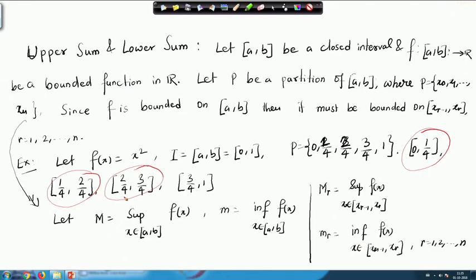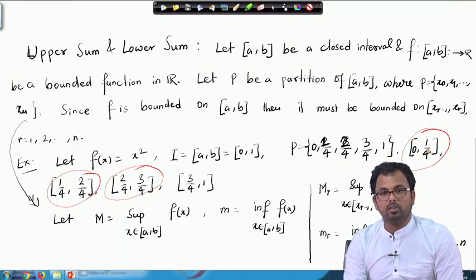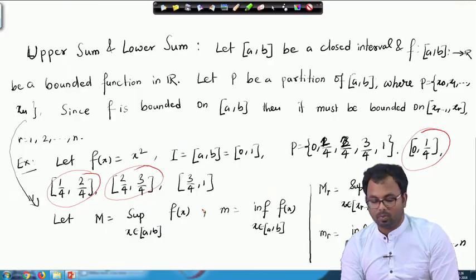So the lower bound on the whole interval 0 comma 1 will be less than or equal to the lower bound on all these subintervals. Does that make sense?